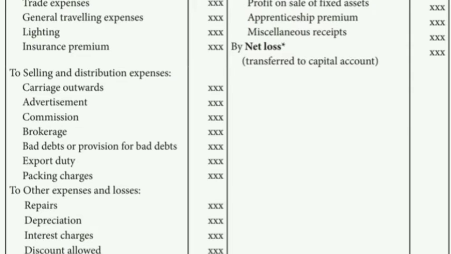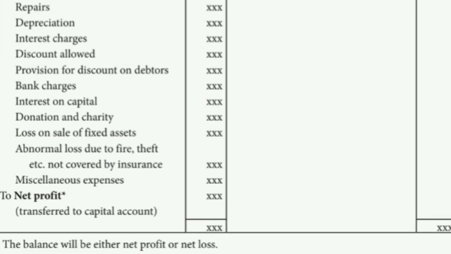Interest charges, then if we get any loan from the institution, we have to pay the interest. Then discount allowed, it's a loss for us. When we are receiving the payment from the debtors, we may allow some discount, that we have discussed in the three-column cash book. The provision for discount on debtors, for that sake also we are making some provision to meet that loss.